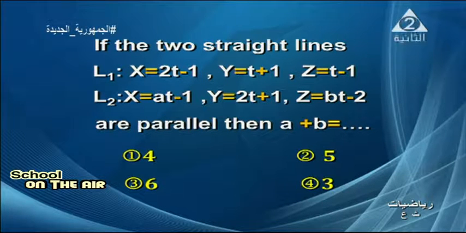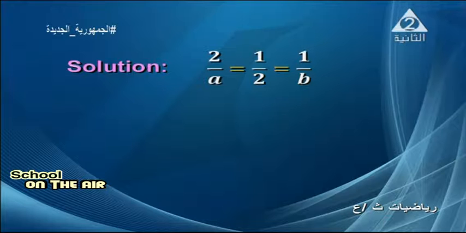In this example, my dear students, we have two lines. The first: x equals t minus 1, y equals t plus 1, z equals t minus 1. Before we choose the correct answer, look: a1 over a2 equals b1 over b2 equals c1 over c2, using cross multiplication. 2 over a equals 1 over 2, then a equals 4.